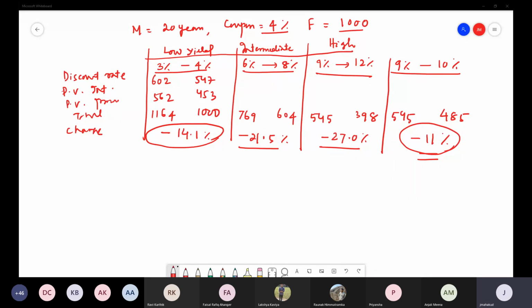But the yield is not determined by the issuing authority or by the investing authority. The yield is completely determined by the market forces or the market interest rate.